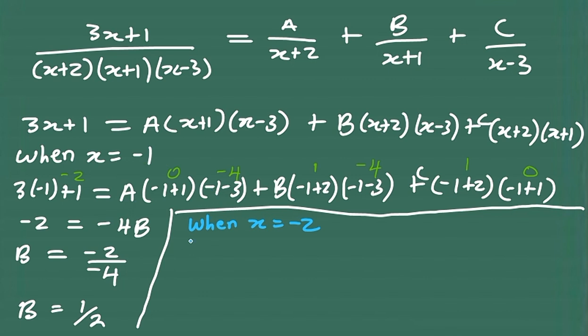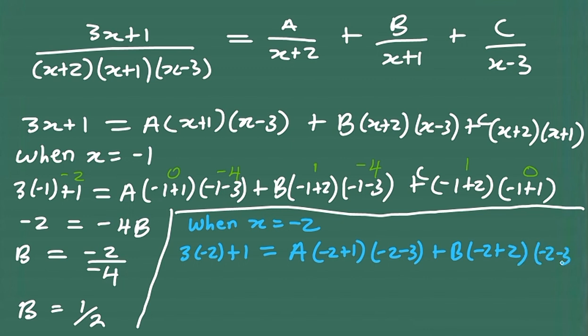All right, so here we are going to have 3 times -2 plus 1 equals, here we have a into bracket -2 plus 1 times -2 minus 3, plus b into bracket -2 plus 2 times -2 minus 3, and here plus c into bracket -2 plus 2 times -2 plus 1.